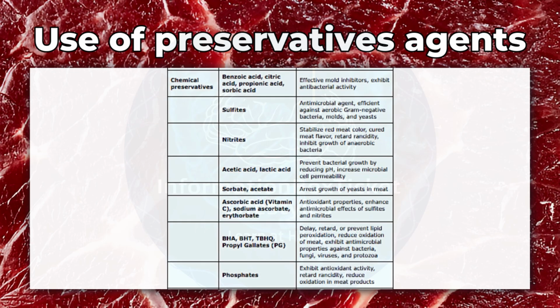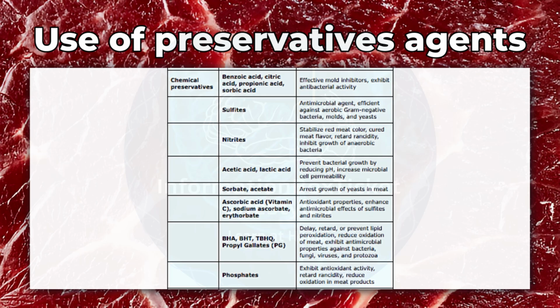Chemical preservatives: benzoic acid, citric acid, propionic acid, sorbic acid are effective mold inhibitors and exhibit antibacterial activity. Sulfites are an antimicrobial agent, effective against aerobic gram-negative bacteria, molds, and yeasts. Nitrites stabilize red meat color, provide cured meat flavor, retard rancidity, and inhibit the growth of anaerobic bacteria.